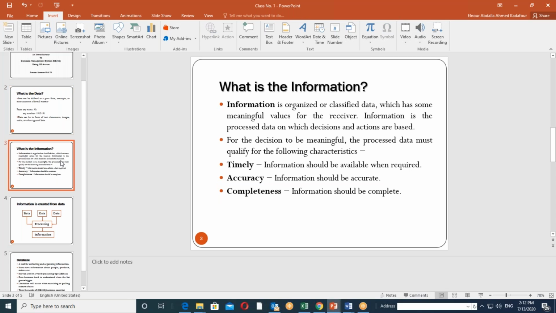Okay, we will move to the next terminology, information. The difference between data and information is slightly different. Information actually comes from data.